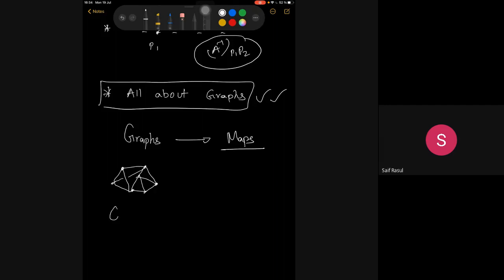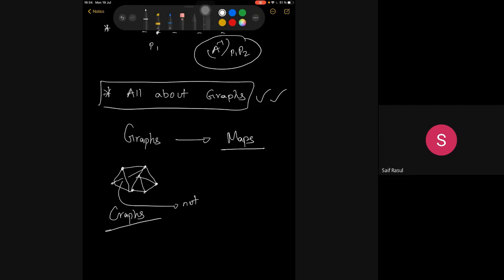Yeah, this is a graph. So what is a map? A map is the same thing as a graph, but the only thing that isn't allowed is overlapping. That is, crossing over isn't allowed in a map.